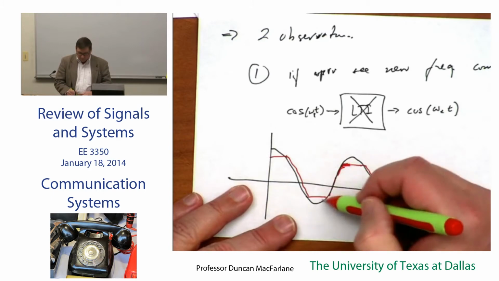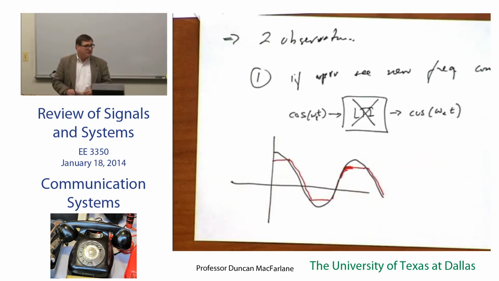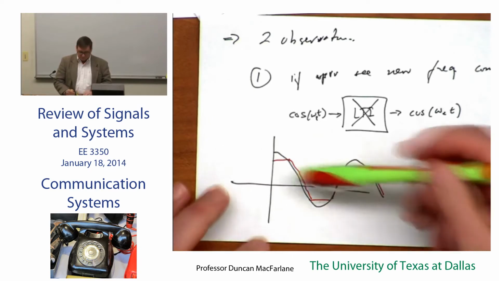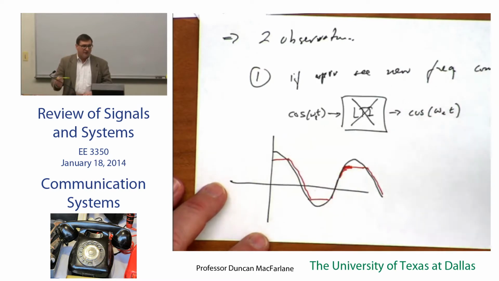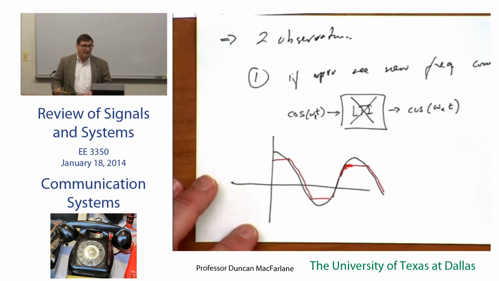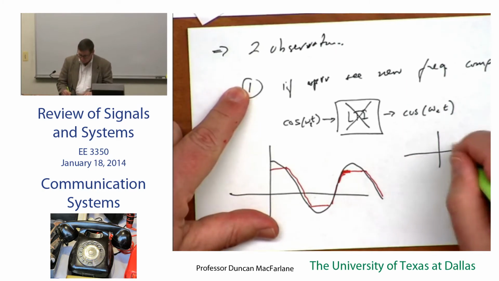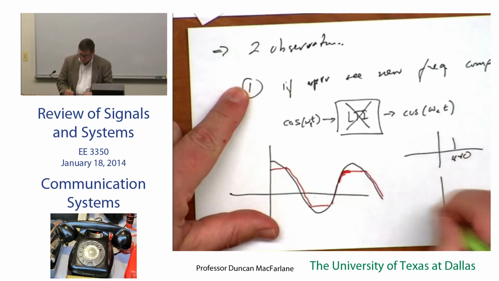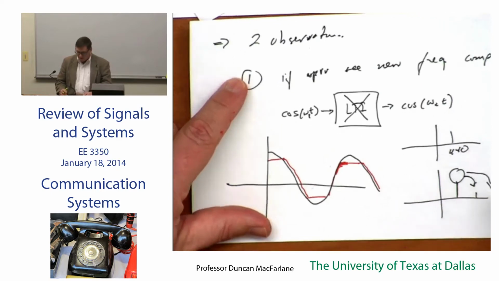The Fourier series of this distorted signal, the red line, is 440 hertz plus 880 hertz plus 1320 hertz, and so on and so on. The harmonics all come in. So the input here is 440 hertz. The output here has 440 hertz in it, but some of the signal gets scattered out into the higher harmonics.